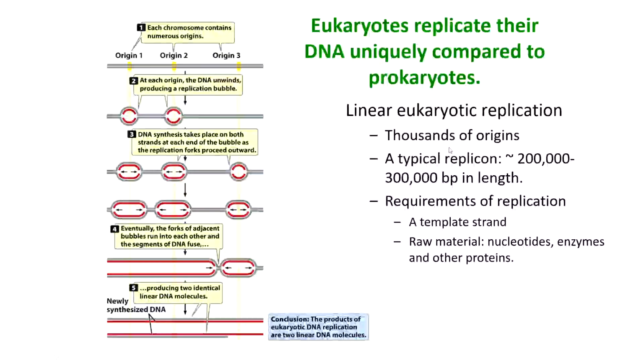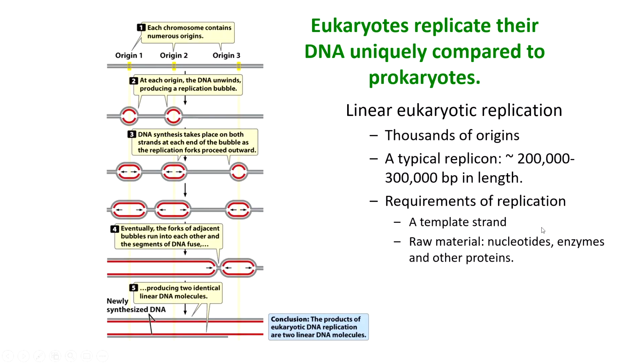And so linear eukaryotic genomes contain thousands of origins where DNA synthesis takes place at multiple times within a single chromosome. Eventually, the replication forks will bump into each other and the DNA segments will fuse. And then we do have one issue where we're going to have trouble replicating the very ends of the linear chromosomes. So we'll come to that point later in this talk.